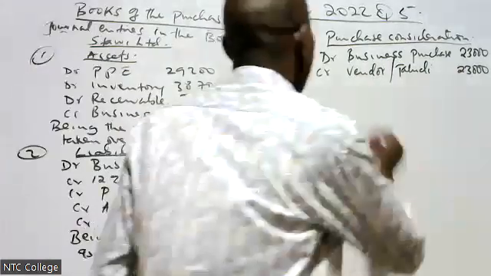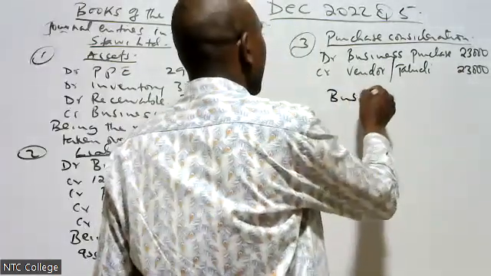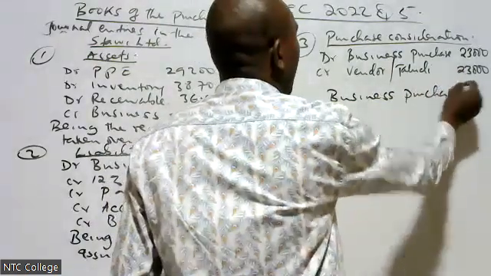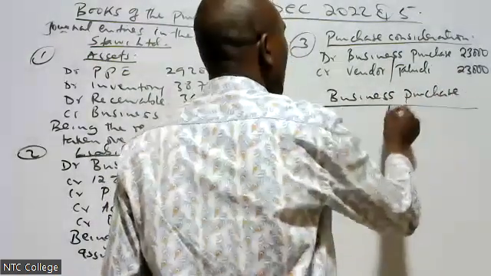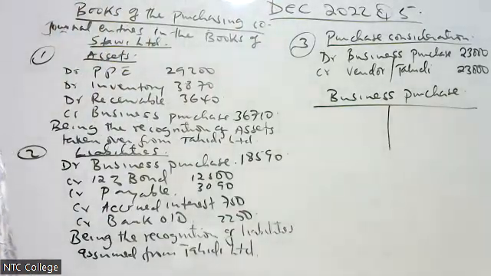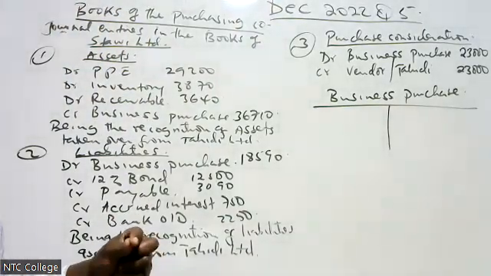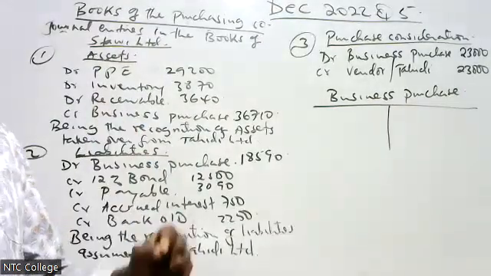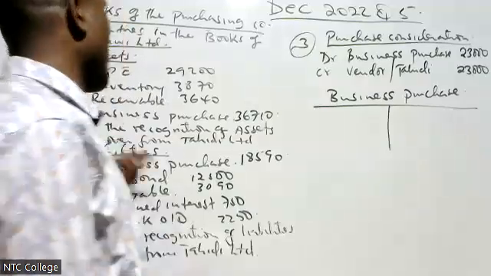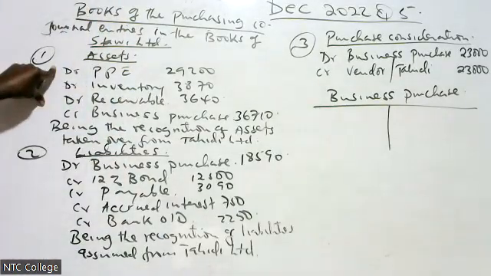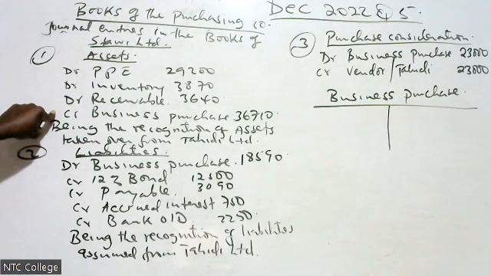Then we prepare a business purchase account to see if we have goodwill or capital reserve. We said with the assets taken over, you debit asset, you credit business purchase.